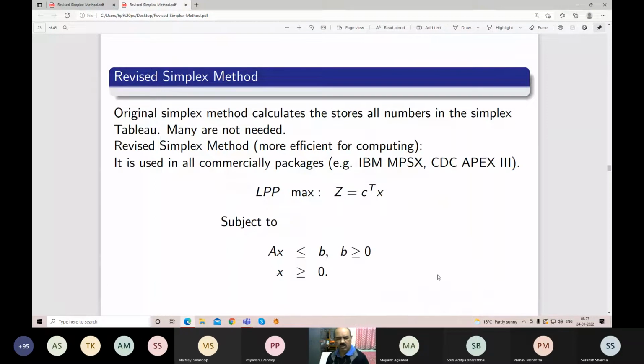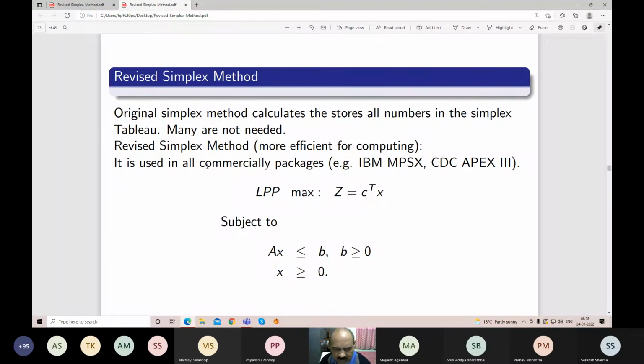So we are going to discuss the revised simplex method. What we have learned already, the same thing we are doing using a matrix, using the inverse of the matrix. In the original simplex method, we calculate the simplex table and store it. Many tables are not needed in the revised simplex method.